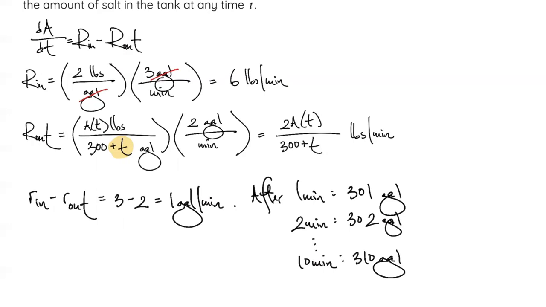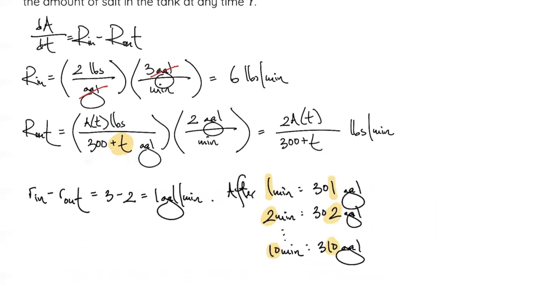And guess what we're doing? Every time a minute goes by, we are taking that value and adding it to 300. 2 plus 300 is 302. 10 plus 300 is 310. And so that's why in our equation we have not just 300, but 300 plus t, because that'll tell us how many gallons there are in the tank.